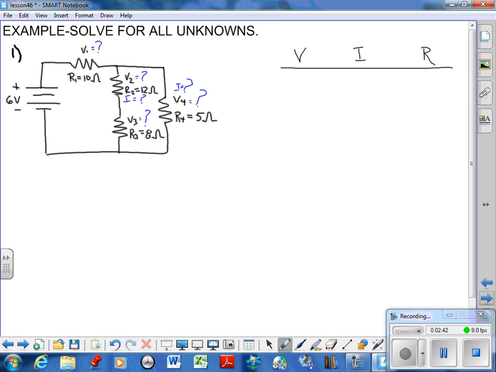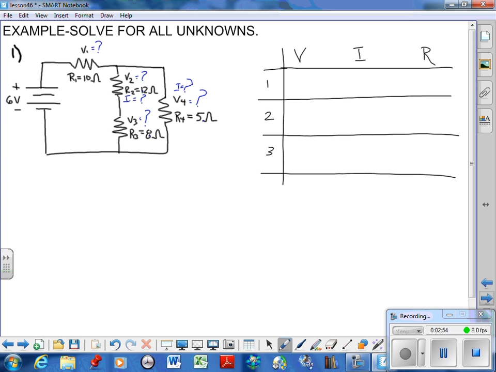If you look at the subscripts, 1, 2, 3, 4, I need to have 4 lines: the first, second, third, and fourth. And I'm going to add a final column called total.